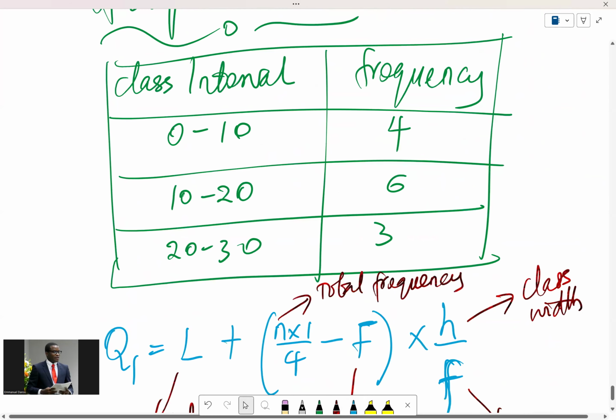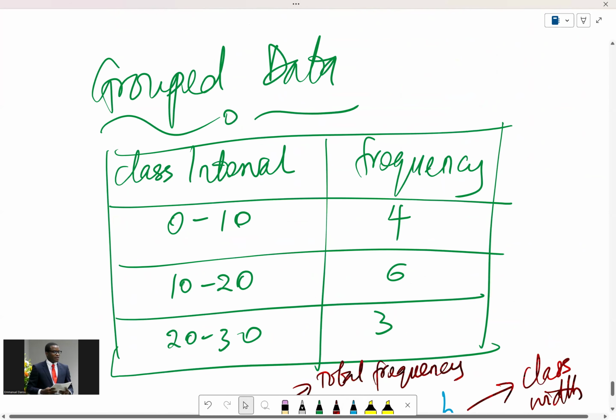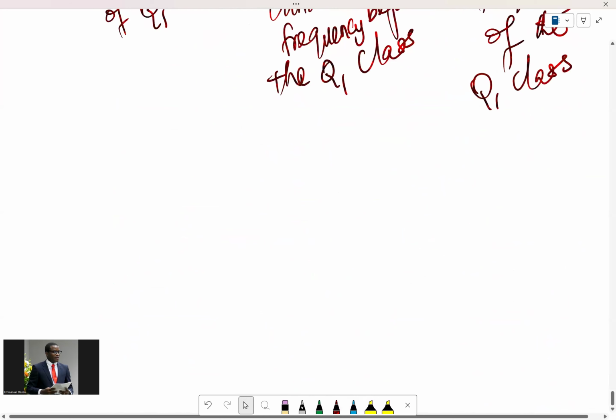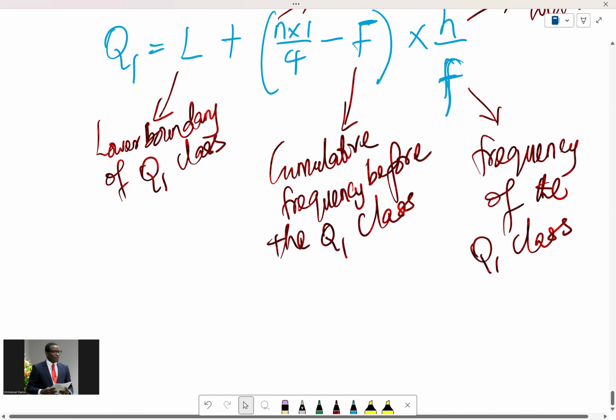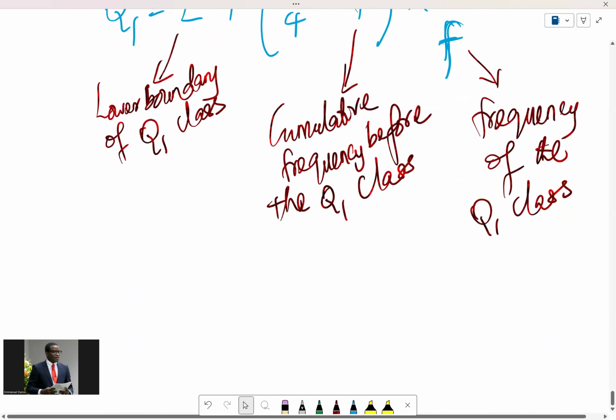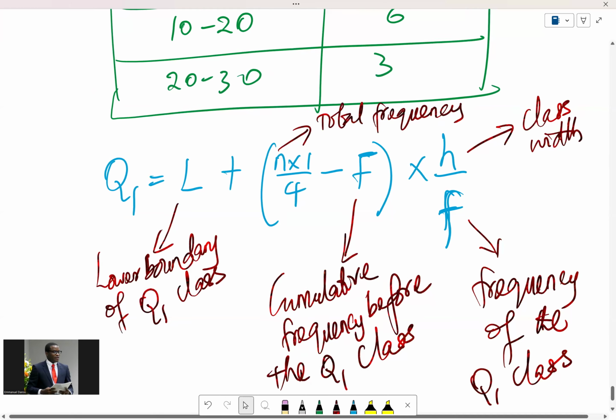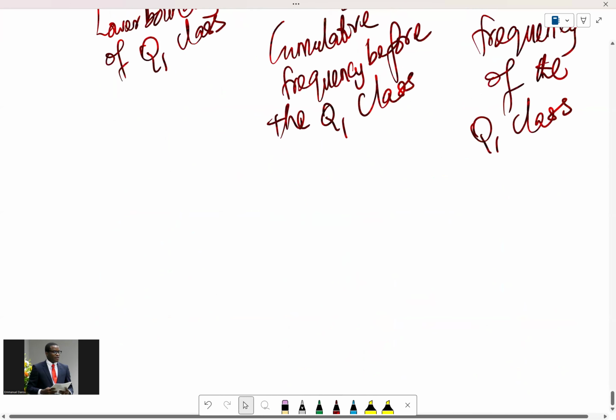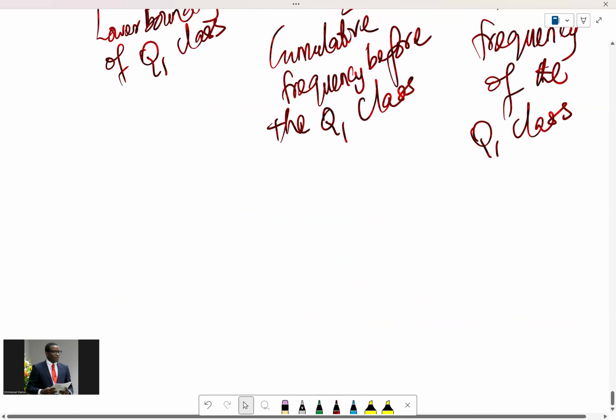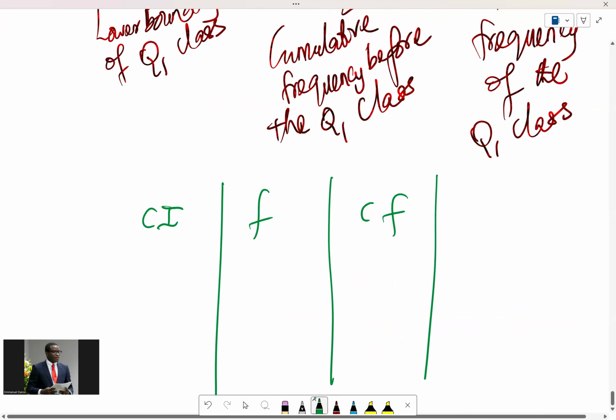So to take care of this now, let's calculate the cumulative frequency. Say we have CI, we have F, and we have CF. CF is cumulative frequency, by the way.